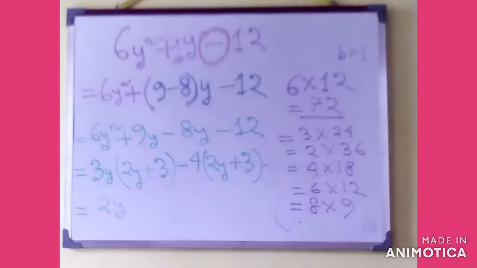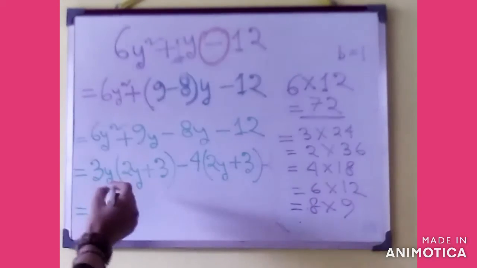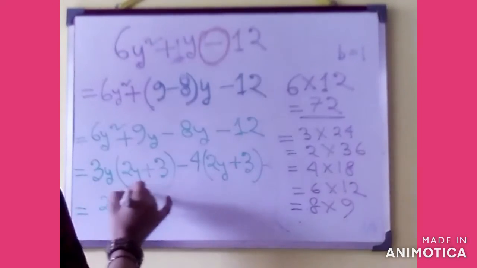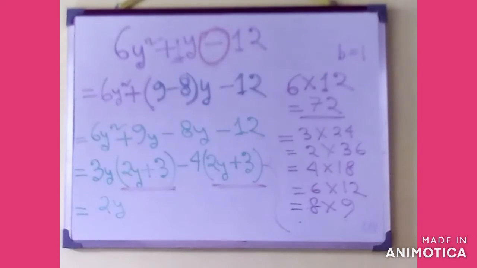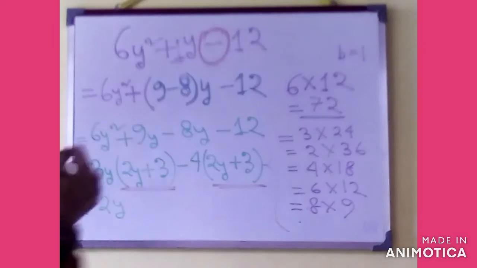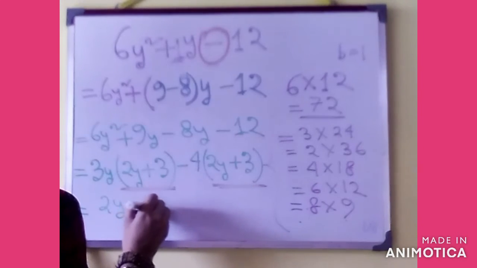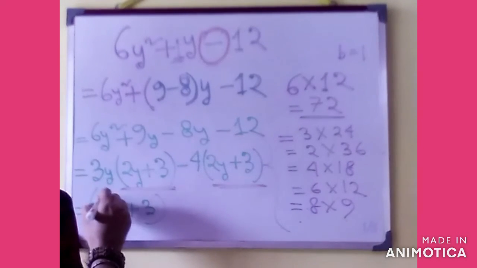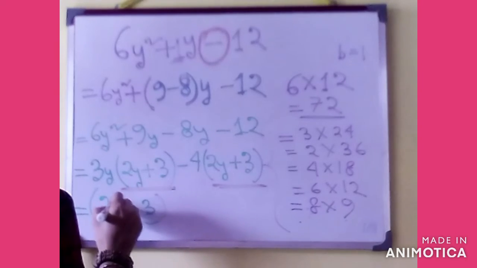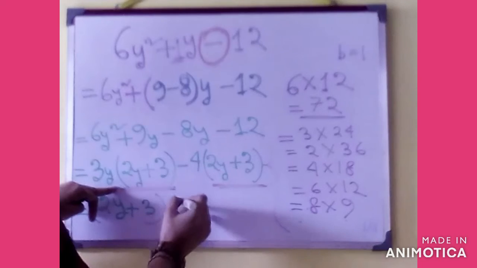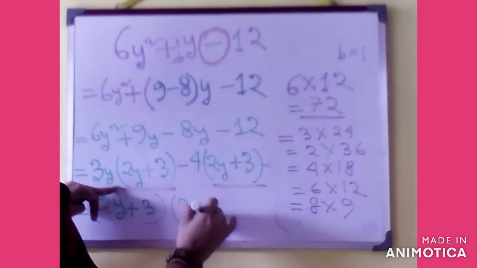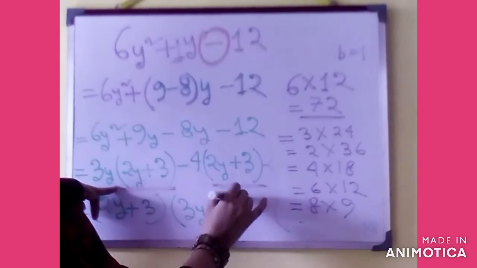Now it is just two terms, first term and second term, and for both the terms 2y plus 3 is common. So I am taking 2y plus 3 as a common factor, and then in the first term it will be 3y, and in the second term it will be just 4.